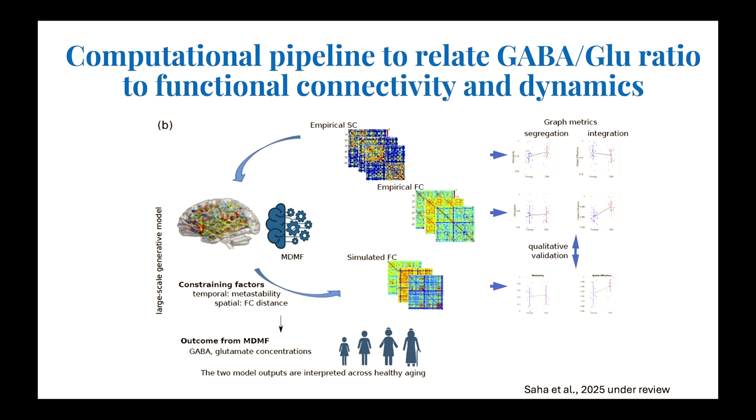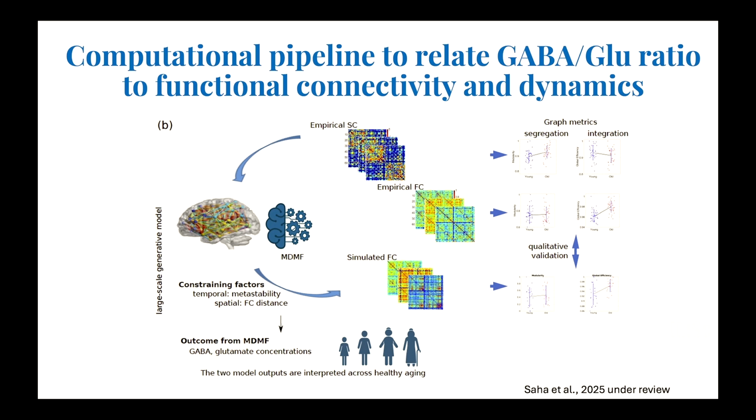So, using this model, can we vary or change the two free parameters, one is GABA concentration and second is glutamate concentration, and see the outputs of the model, which is interpreted across healthy aging, and compare that with the experimental observations.